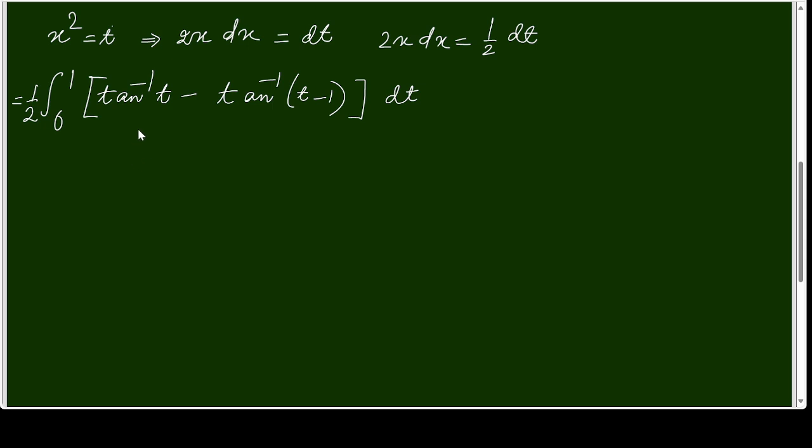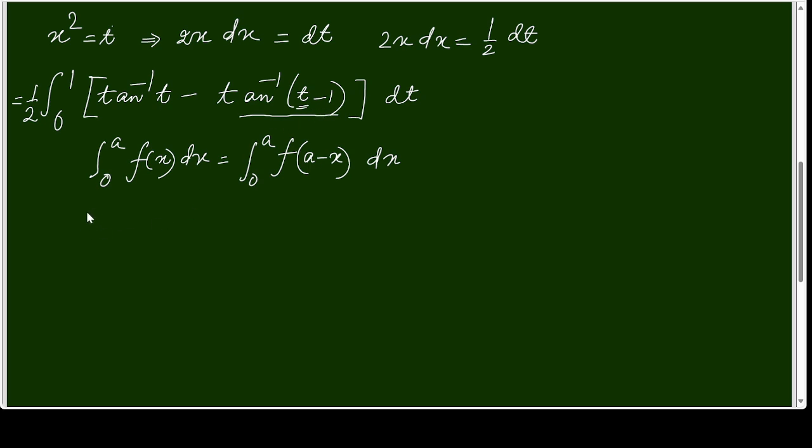The first one is tan inverse t. For the second, I am again applying the definite integral property: integral 0 to a of f of x dx equals integral 0 to a of f of (a minus x) dx. So in place of t, if I put 1 minus t, where 1 is a here, it will be negative tan inverse t.